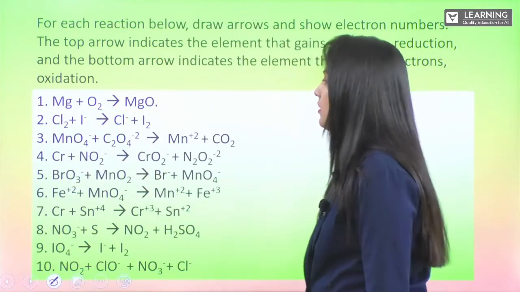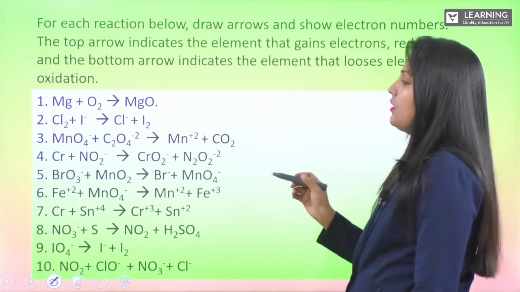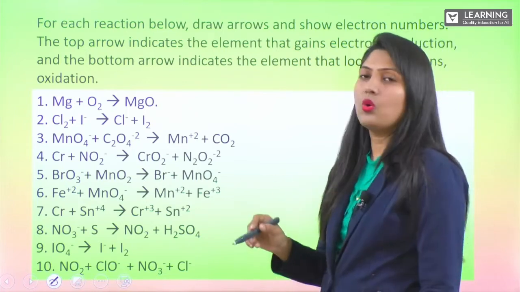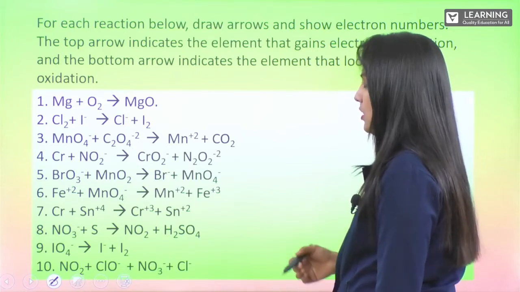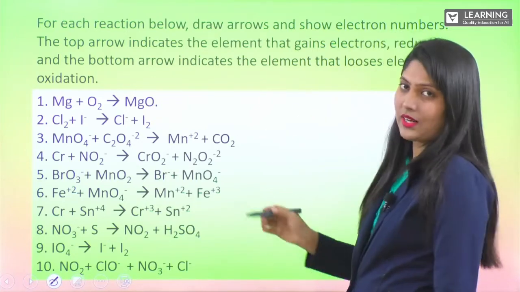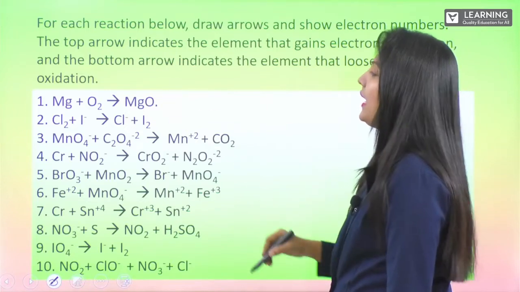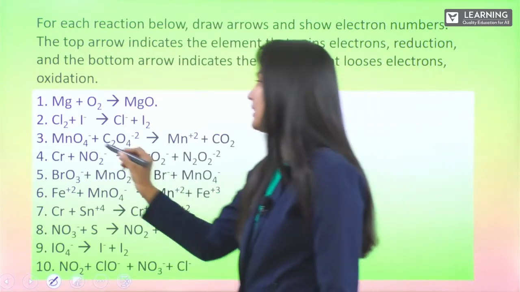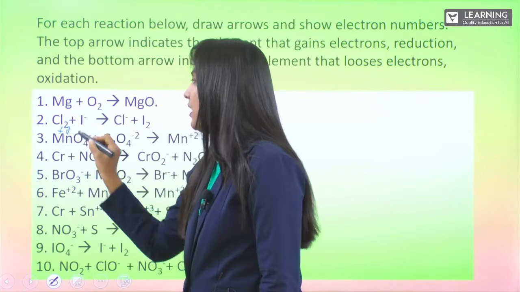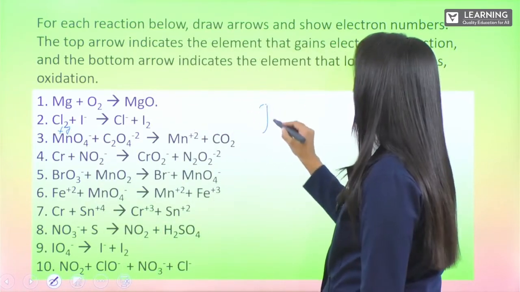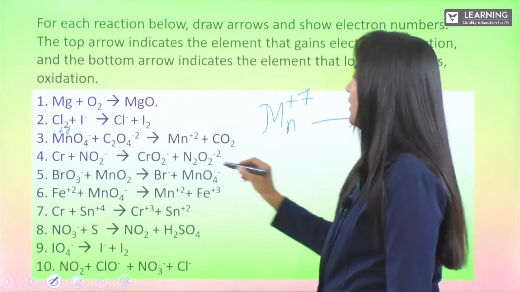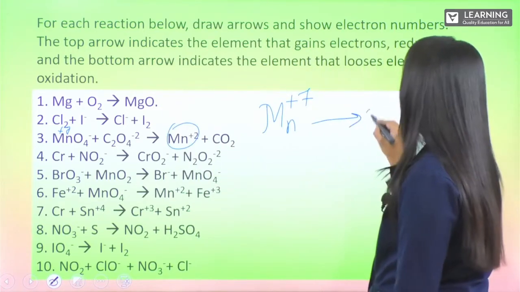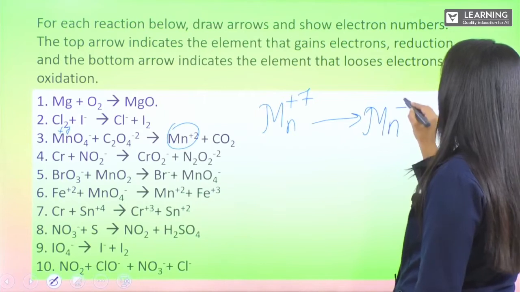Next, MnO4 minus, and then we have C2O4 2 minus. We'll check here what happens with the Mn. So Mn, as we just checked in the previous one, will have +7 state in this condition, right? It will have +7 state. So Mn having +7, in the product side you can get Mn +2.